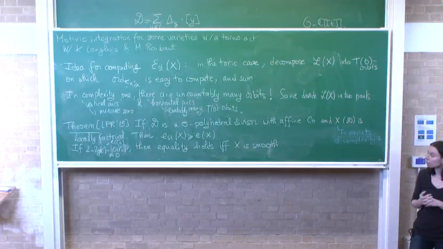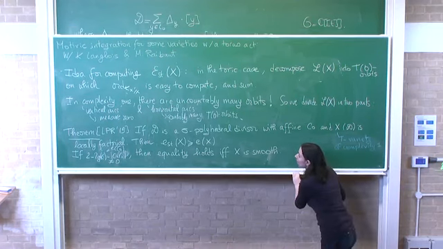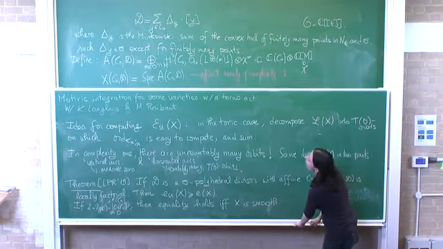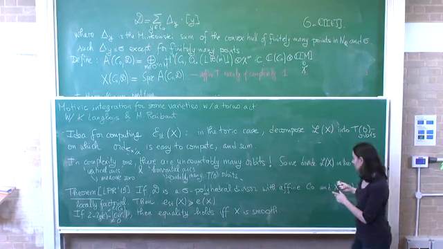So now C0 geometrically, what is it? In the definition of D, I sum over points on a curve C0.